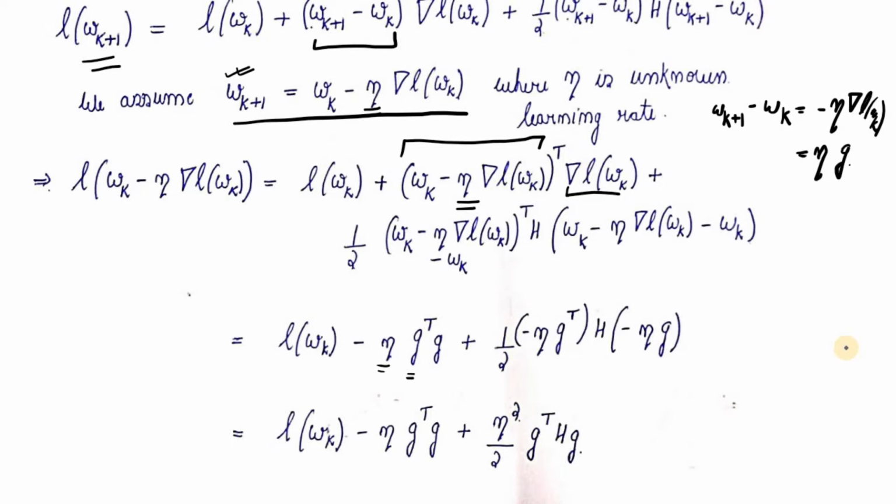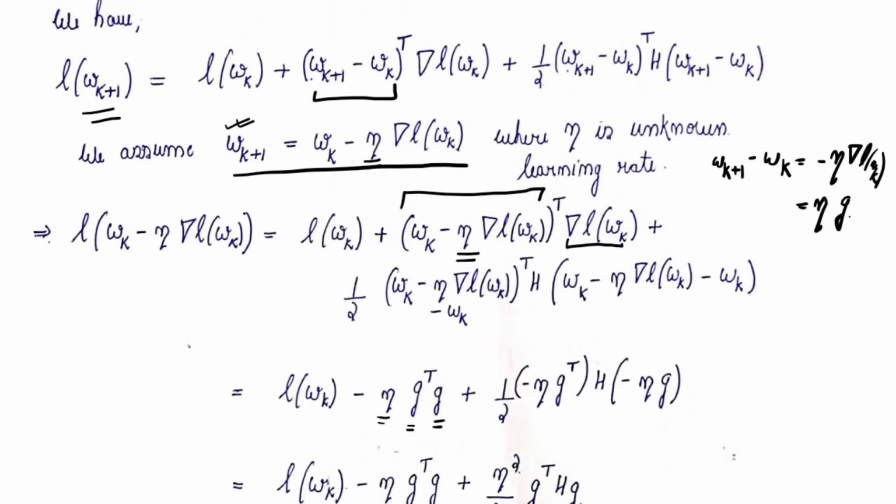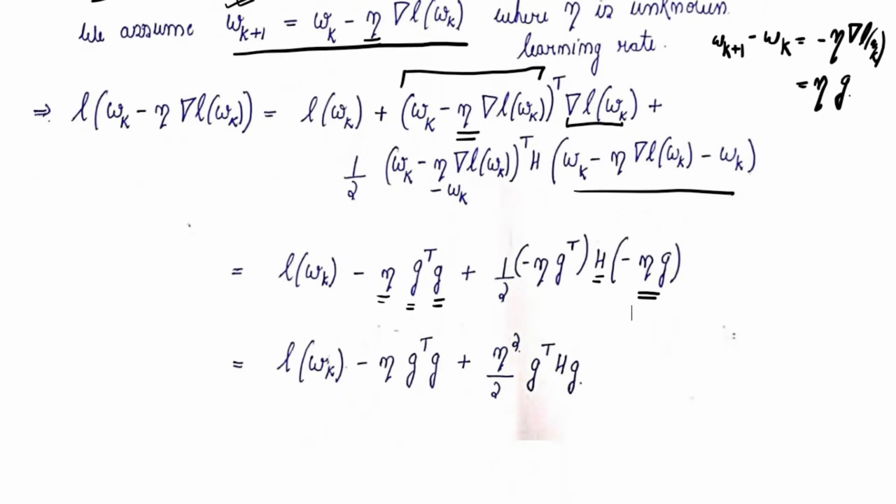We have the derivative of L(wk) as G. We write it over here. We take the term (w(k+1) minus wk) transpose as it was shown over here. It was eta G transpose H. We get the value of H as it is. And on solving this, we get eta G. Both the negative terms get cancelled. We get the term which is positive, and the final result comes out to be this.